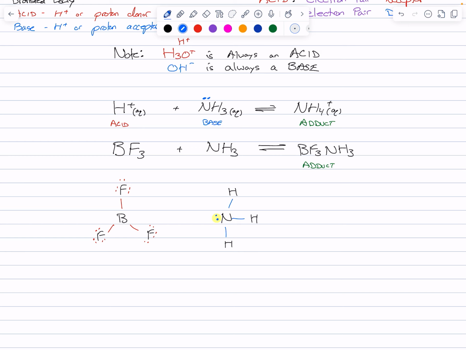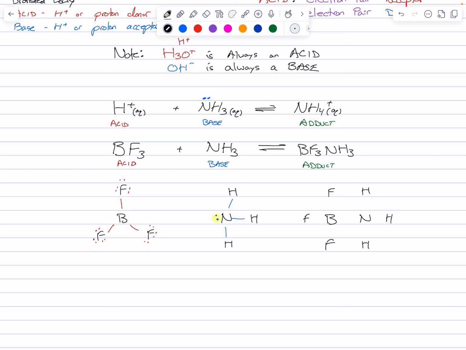And so we're going to have our acid in boron trifluoride, and the base in ammonia. And how this looks: you have your boron, your 3 fluorines, your nitrogen, and your 3 hydrogens.